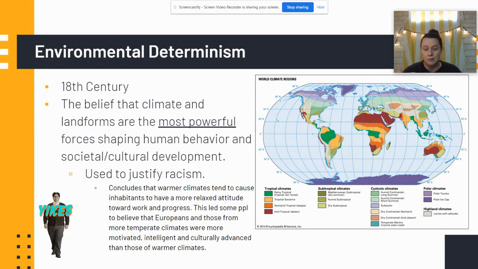These Europeans believed that they were more motivated, more intelligent, and more advanced than people living in these warmer climates, and they used that to justify taking over these people's land. And we know through historical evidence that that's not the case at all.